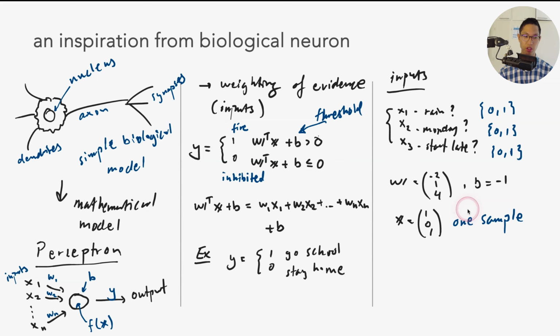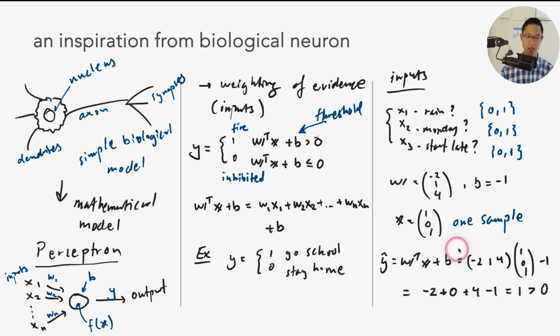This is just one sample. We could have several samples of x. And then we take y hat, the estimated y, the output, which equals w transposed times x plus b. You have this vector times this vector, plus -1. It becomes -2 times 1 is -2, 1 times 0 is 0, 4 times 1 is 4, and then you have -1.